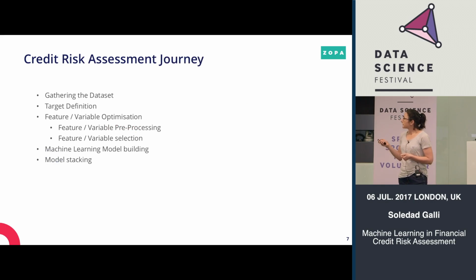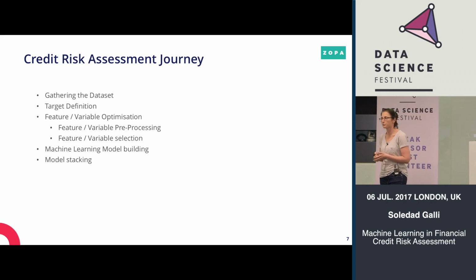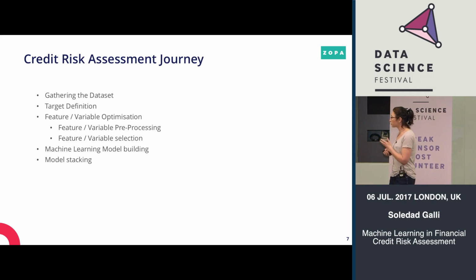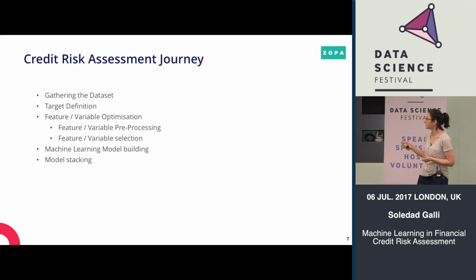In order to build a credit risk model, we use machine learning, and we have to follow a series of steps. Today I'm going to talk about the entire journey of building a machine learning algorithm to predict credit risk. In other words, a machine learning algorithm to attribute a probability to a borrower to repay the debt that they will acquire from us.